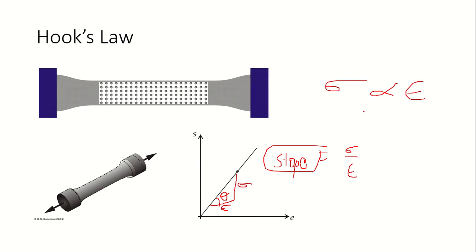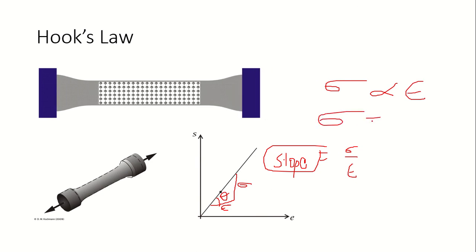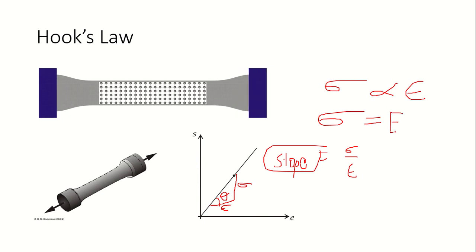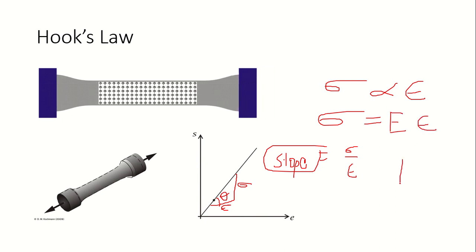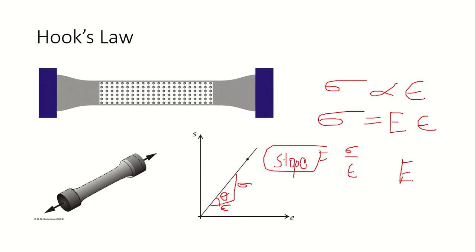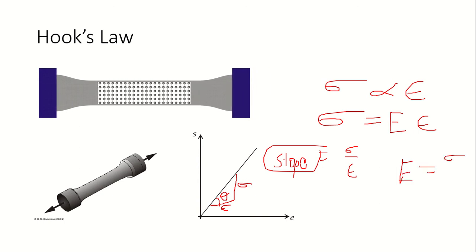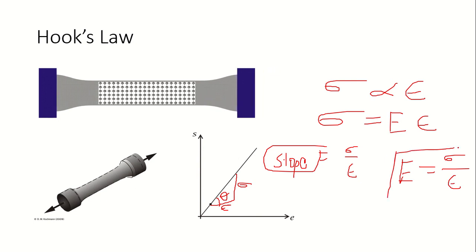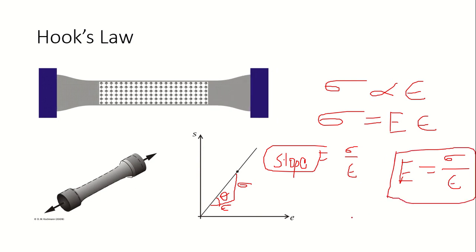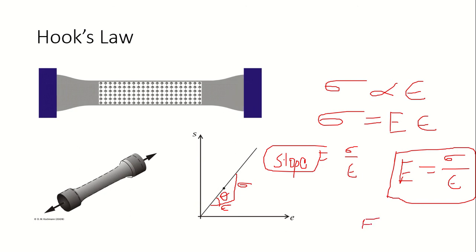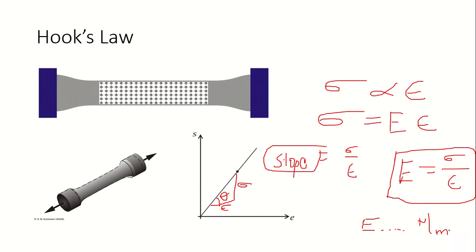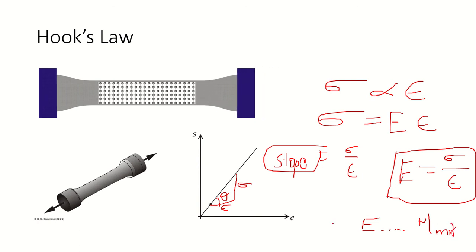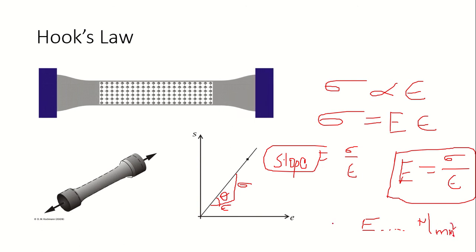At that time the proportionality constant is replaced by a constant E. So E is equal to stress divided by strain. E is the slope of the curve, guys. The unit of E is similar to the stress unit we are using, normally expressed in Newton per millimeter square if the area is in millimeter square.